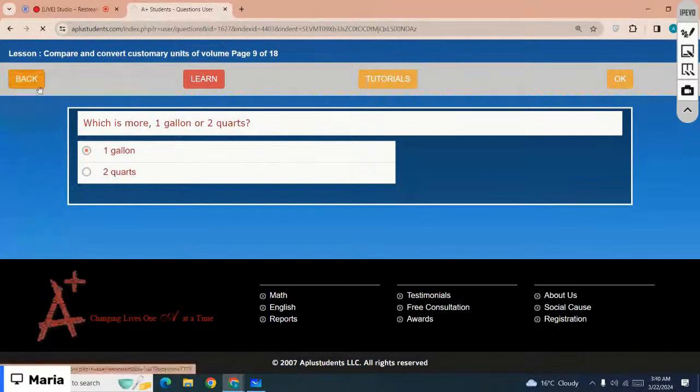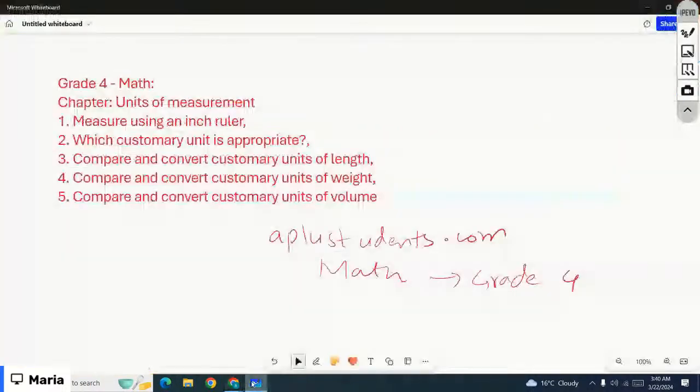So we were working on grade 4 maths. The chapter we were working on is unit of measurement, and the lessons we have covered today are measure using an inch ruler, which customary unit is appropriate, compare and convert customary units of length, compare and convert customary units of weight, and then compare and convert customary units of volume, right?